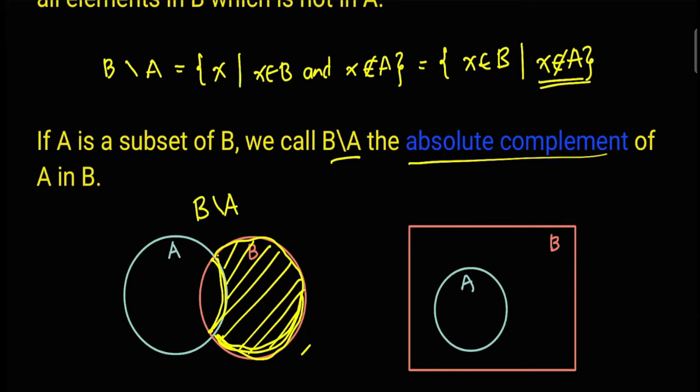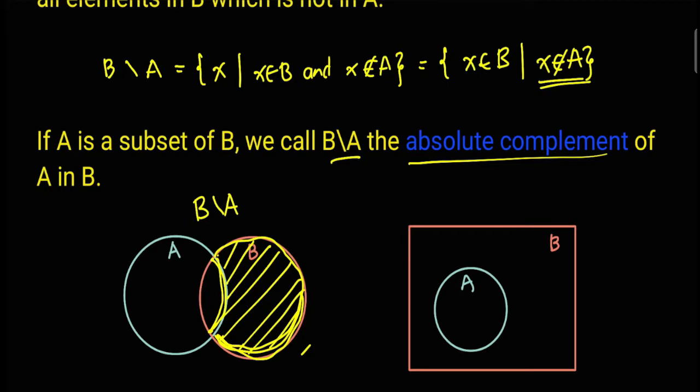Now what does it mean on the other hand if A is completely inside B? This is actually the definition of complement that we use back in algebra or lower mathematics.